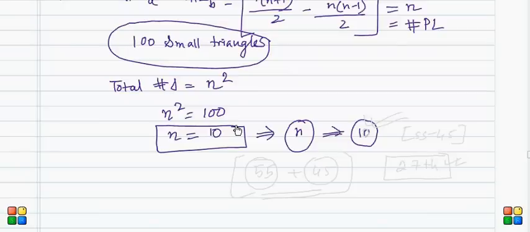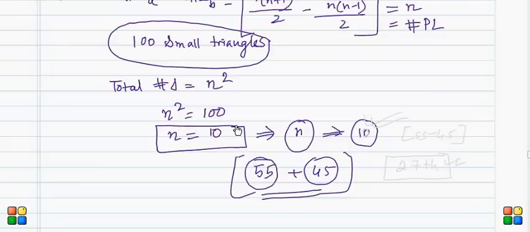Now the number of triangles with level A is 10 more than the number with level B. So for the first move, the grasshoppers on level A triangles will all move to their neighbors, freeing up all the 55 triangles, because the difference is 10, so it has to be 55 and 45 because the sum is 100. At the same time, the ones sitting on B will move to A, so they will only take up 45 places.